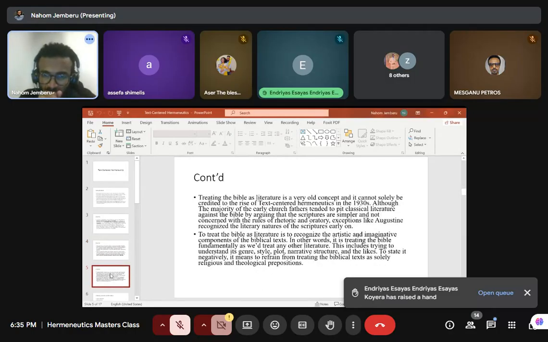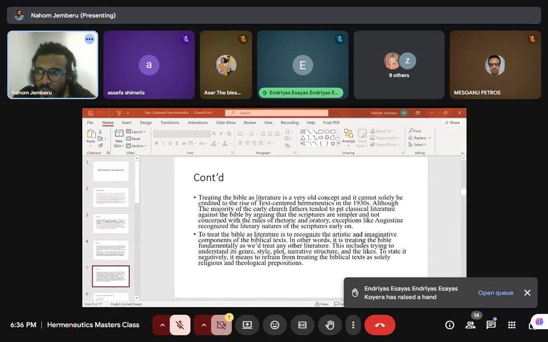Okay. Even though this approach matured in the 20th century, or was done as science in the 20th century, it doesn't mean that it was a new thing. It actually was a very old concept. The majority of the early church fathers, for example, tended to pit classical literature against the Bible. They were hesitant to read the Bible as they read any other literature.